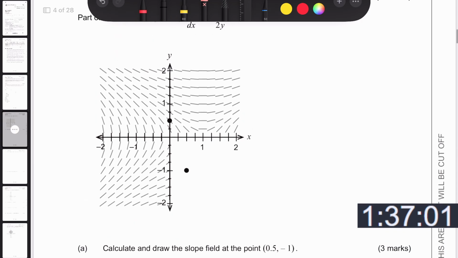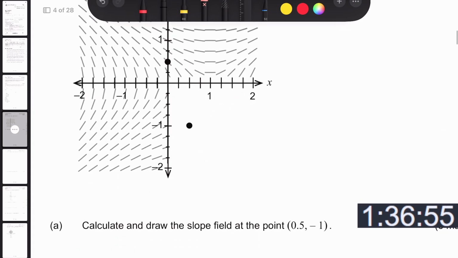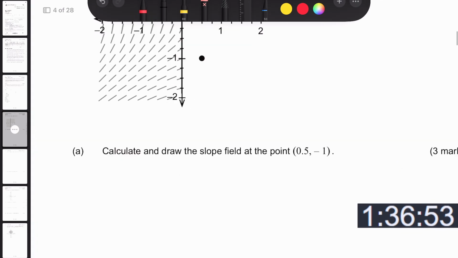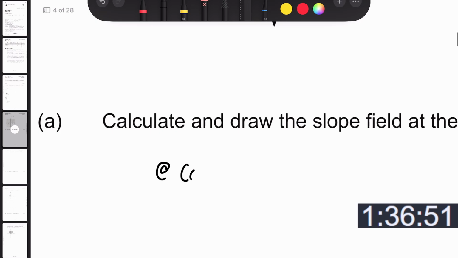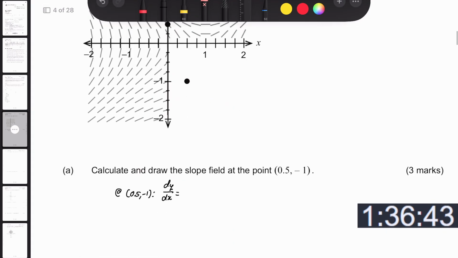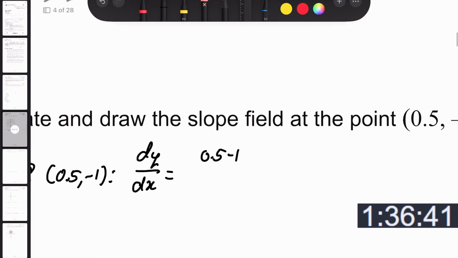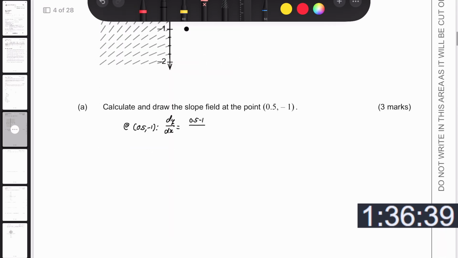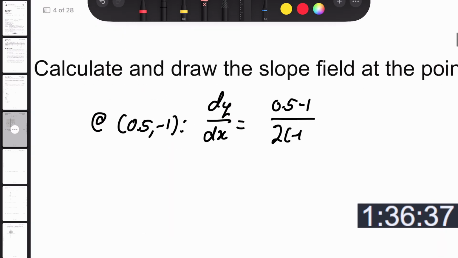Calculate and draw the slope field at the point 0.5, negative 1. So at 0.5, negative 1, dy dx is going to equal, so x minus 1, so 0.5 minus 1 all over 2y, so 2 times negative 1.